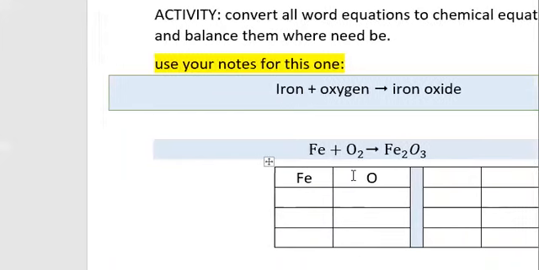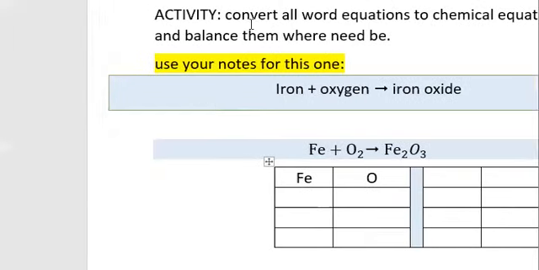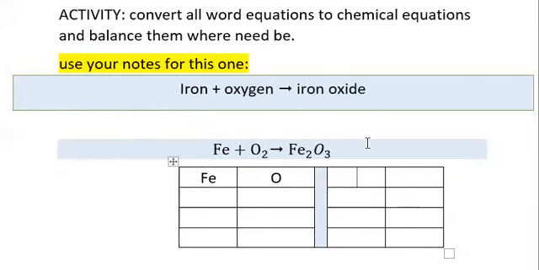So the first thing we do is we label the elements, and we should have the same number of elements on both sides. Right, so the elements that are misbalanced are iron as well as oxygen, right?